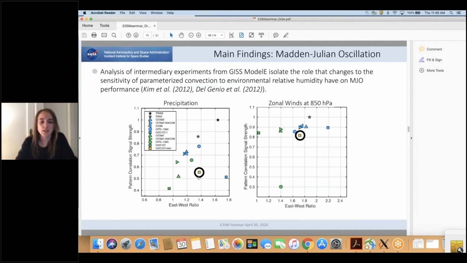And what we can see is that generally this intermediary version is sitting between the CMIP5 and the CMIP6 versions shown right here. And so, after discussion with Angel, even though of course the individual parameterizations differ, generally the class of changes that were made, which rendered the convective parameterization more sensitive to relative humidity in the environment, tended to result in an improvement in the simulation of the MJO in these models.